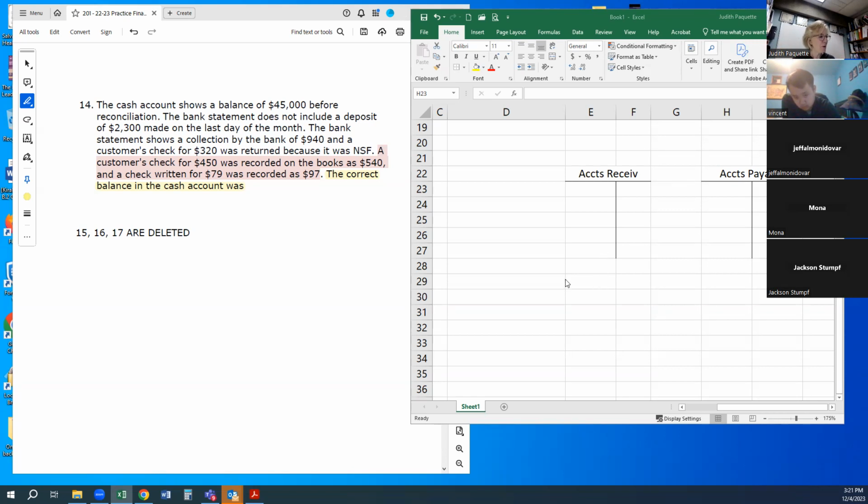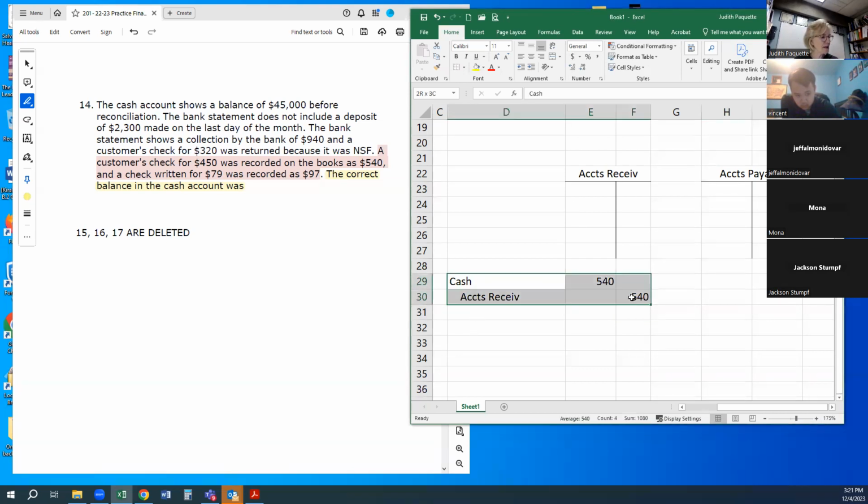Okay. So how do you record a customer's check? You debit cash and you credit accounts receivable. So they did that. They recorded it wrong, just like that. Okay. They should have recorded it as $450 and $450.